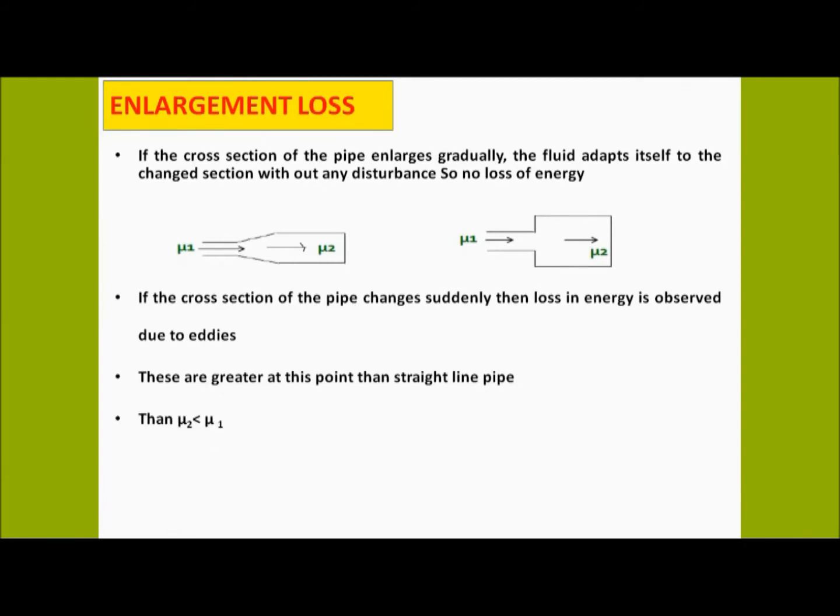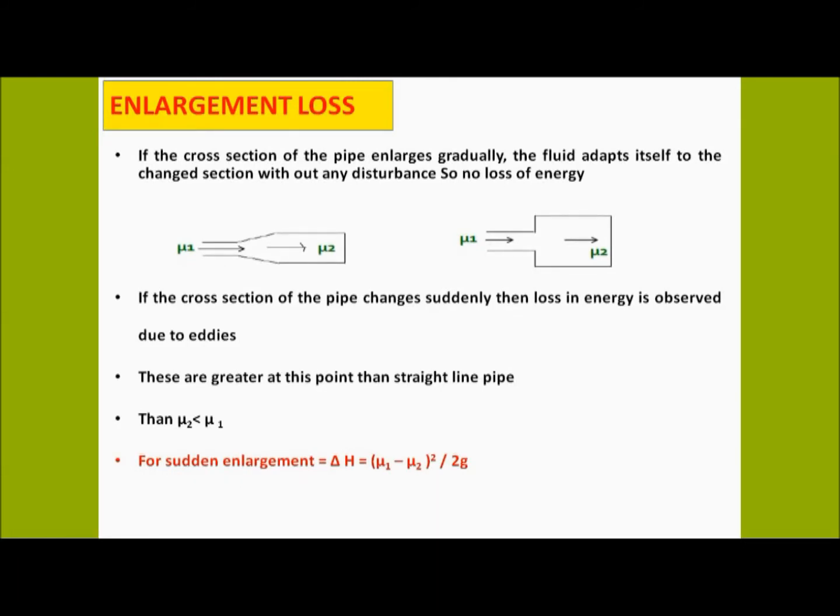Now we know that u2, this velocity, is lesser than u1, the earlier velocity, because here the size has increased. Thus the pressure has come down, or the liquid has become relaxed, right? For sudden enlargement, there is a formula.